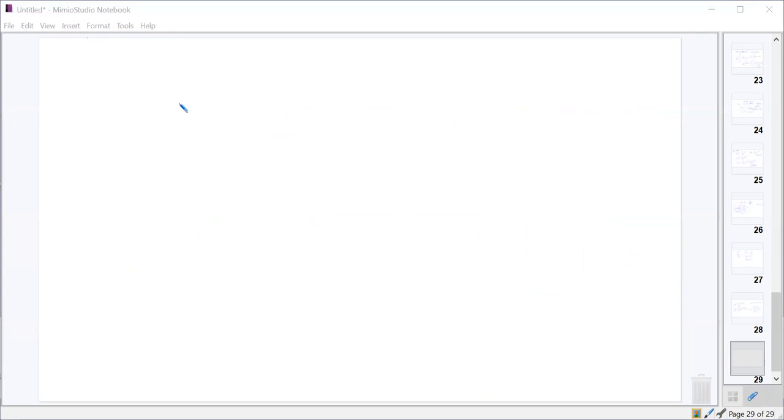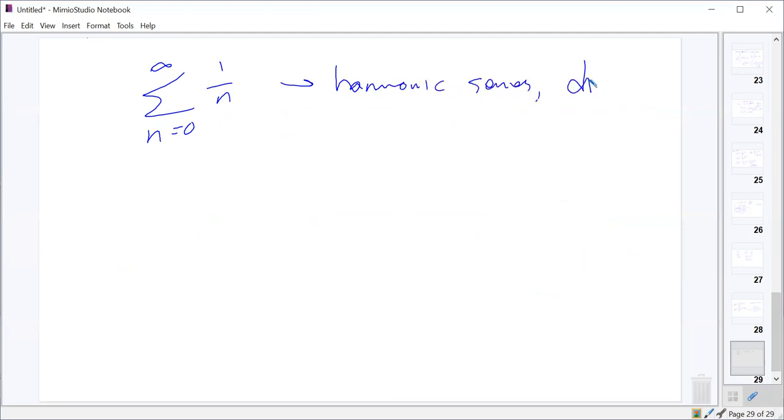We talked about p-series and harmonic series. Like the harmonic series, sum from n equals 0 to infinity of 1 over n. If they just say the harmonic series, this is the harmonic series, and it diverges. But the alternating harmonic series is the sum from n equals 0 to infinity of -1 to the n over n.